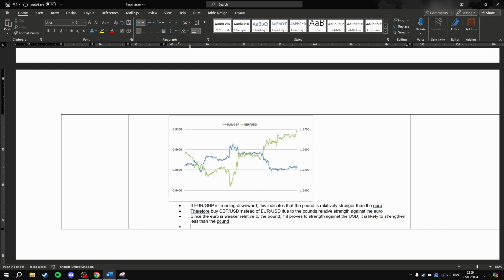So if it takes more USD to buy the euro, it will still take more USD to buy the pound because the pound is stronger than the euro. Right? It is likely to strengthen less than the pound. So at the end of the day, it will still take more US dollars to buy the pound instead of euros, because the pound is stronger than the euro to begin with.